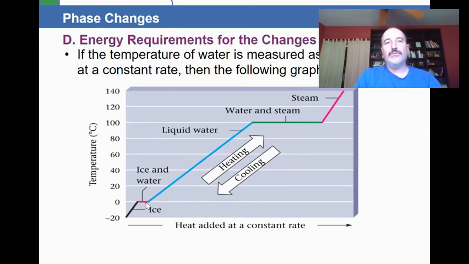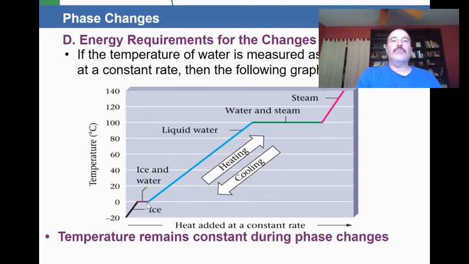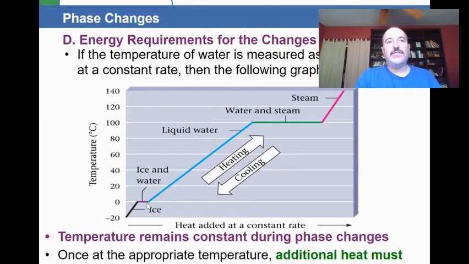As ice is melting, normally as a solid, the particles are sitting there vibrating and they have the same kinetic energy as water at 0 degrees. It's just that the water can now move about relative to each other. All right. So the temperature remains constant during phase changes.